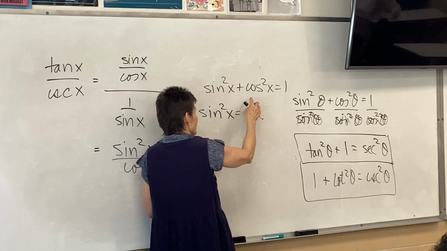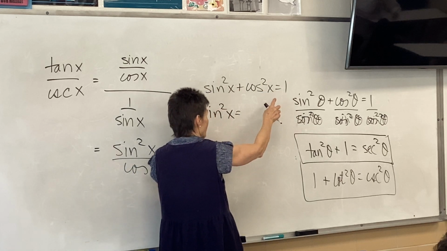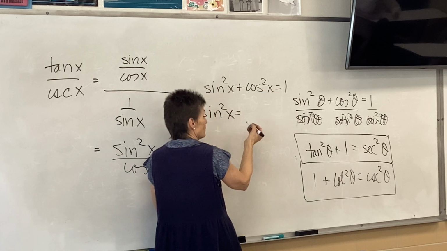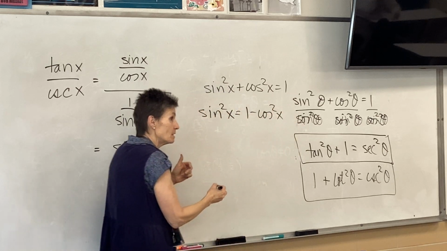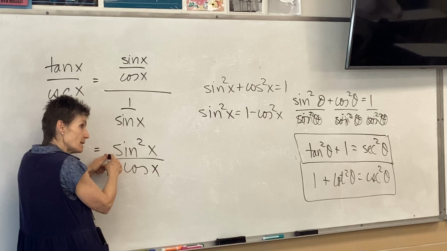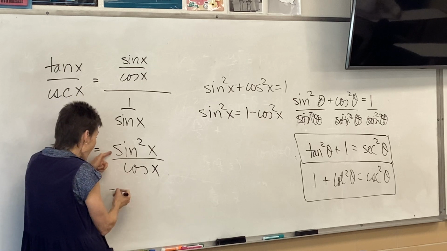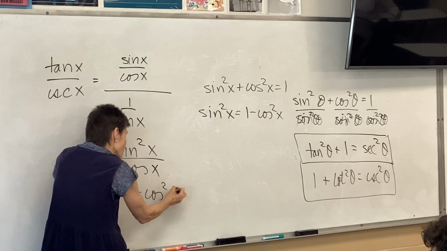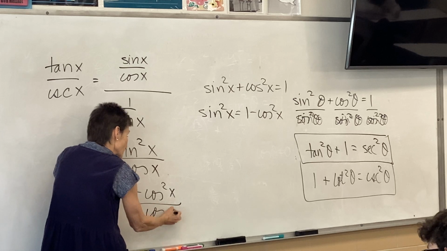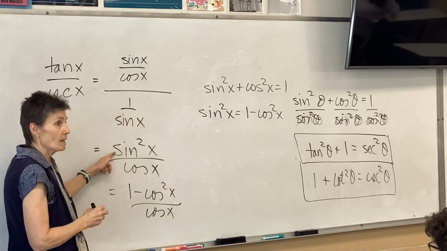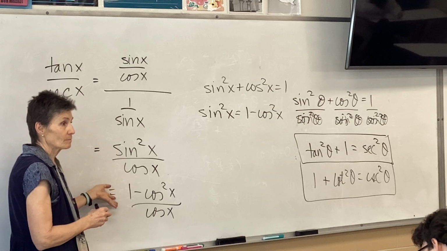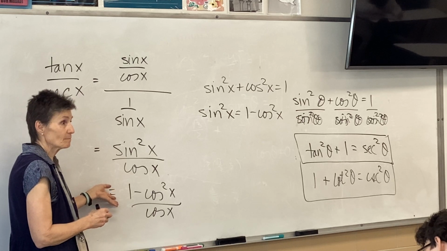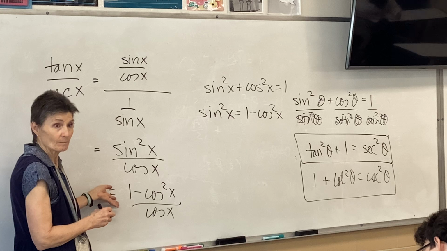If sine squared plus cosine squared is 1, what does sine squared equal? 1 minus cosine squared. So I can come over here and change that to 1 minus cosine squared. And oh my goodness, all cosines. All done. We did it.